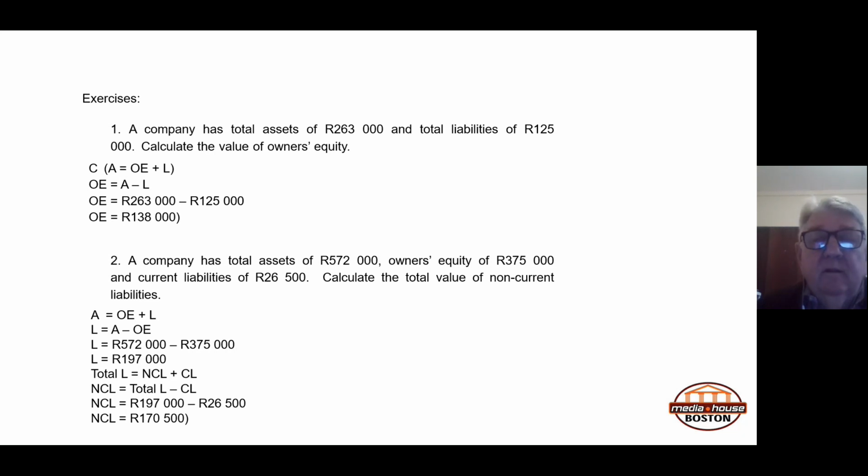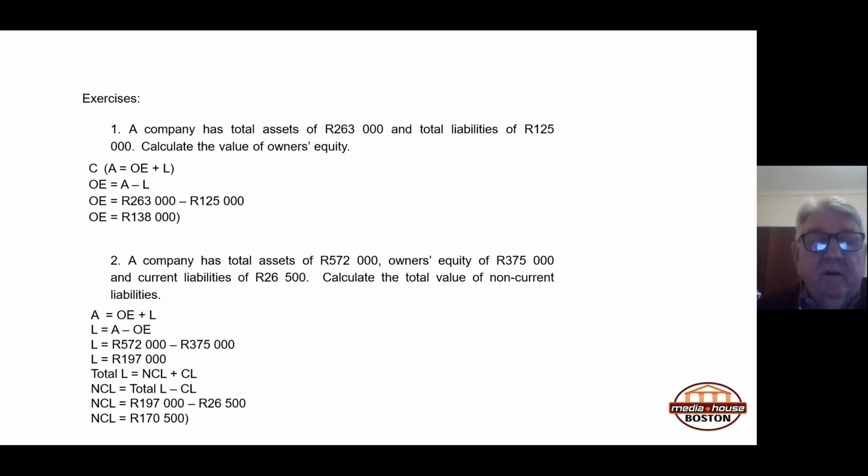Okay. Let's have a look at the next one. A company has total assets of 572,000. There's owner's equity of 375,000 and current liabilities of 26,500. Calculate the total value of non-current liabilities. Okay, we know that assets is equal to owner's equity plus liabilities.